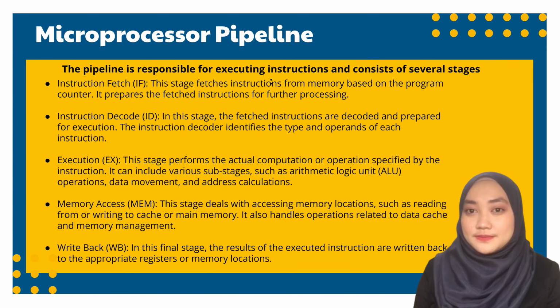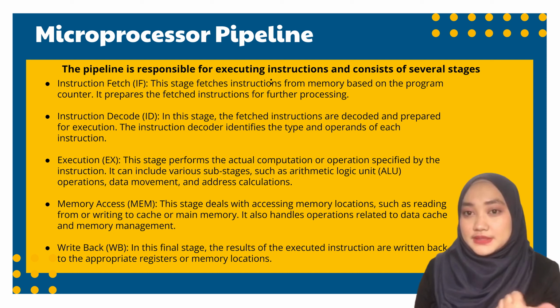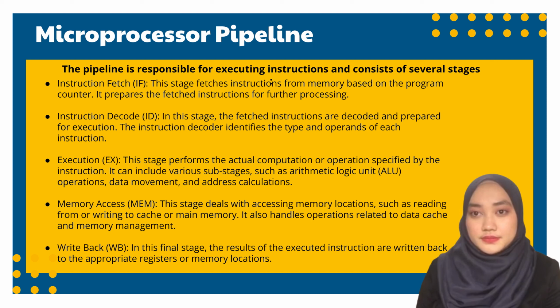For the microprocessor pipeline, the microprocessor utilizes a pipeline architecture to improve instruction throughput. It consists of multiple stages such as instruction fetch, decode, execute, memory access, and write back. By dividing the instruction execution into separate stages, the CPU can work on multiple instructions simultaneously, improving overall performance.